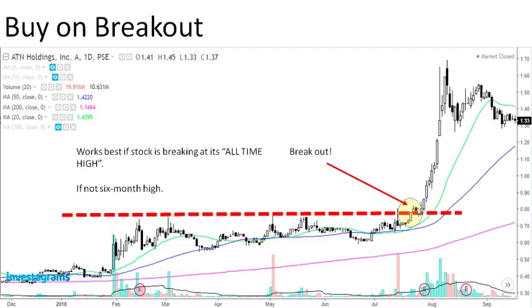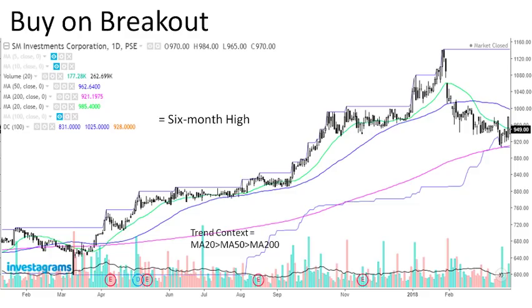Okay. So saan ba mas conducive ang buying at breakout? It works best if the stock is breaking at its all-time high. Kung di mo alam kung all-time high yun, okay na yung 6-month high. So ang 6-month high, pwedeng kahit hindi ka na magbilang kung this is the highest for the last 6 months.